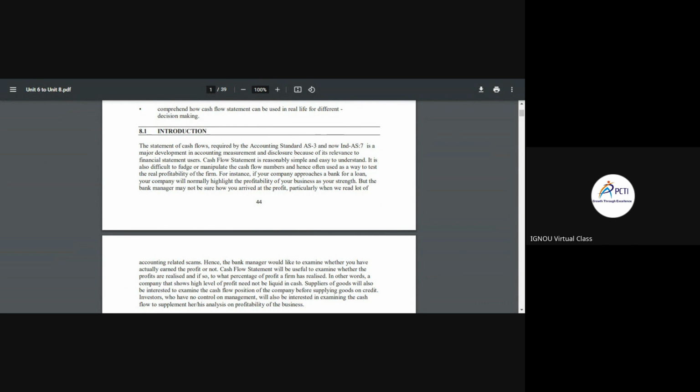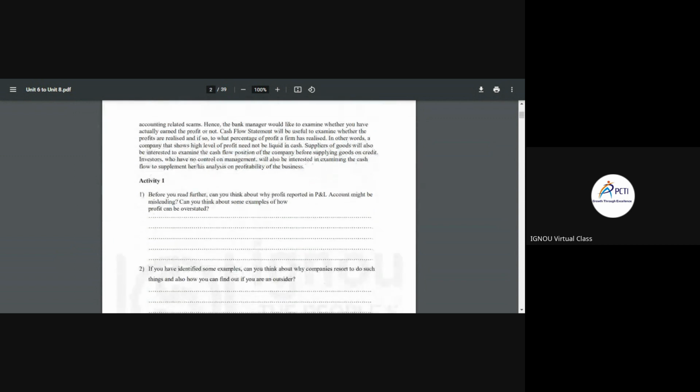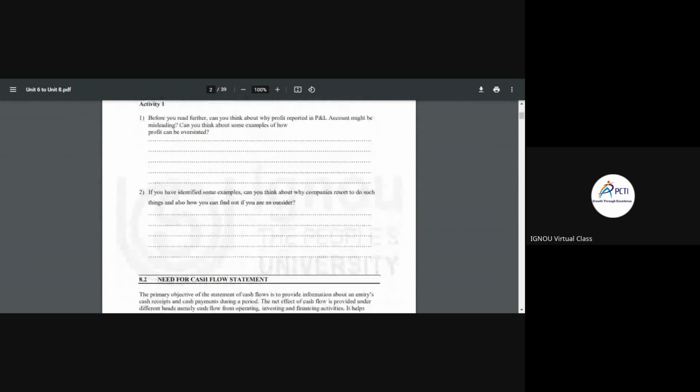In other words, a company that shows a high level of profits need not be liquid in cash, so the supplier of goods will also want to examine the cash flow position of the company before supplying goods on credit. The investor who has no control over the business, or the manager, will also be interested in examining the cash flow to supplement his analysis of the profitability of the business.